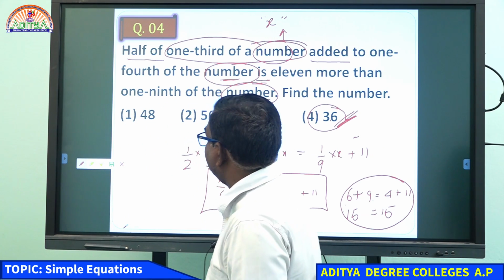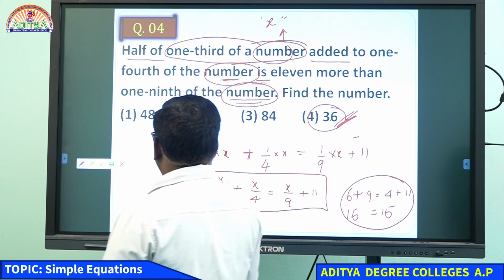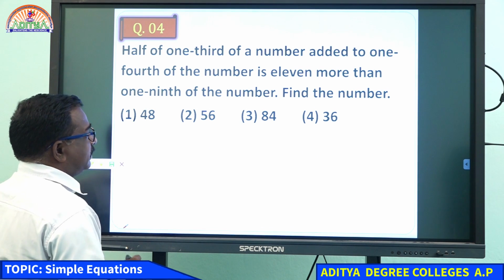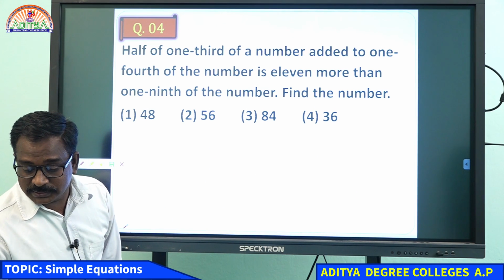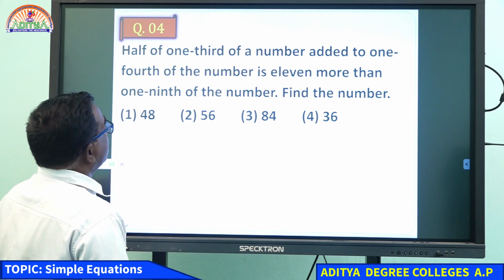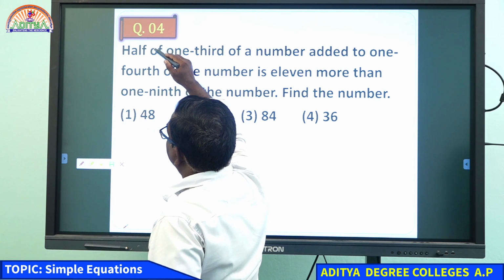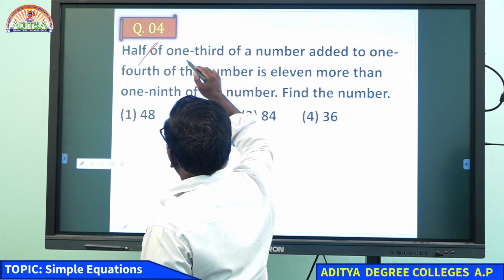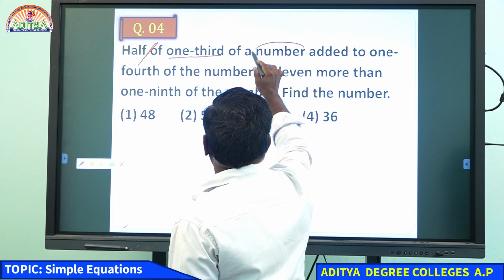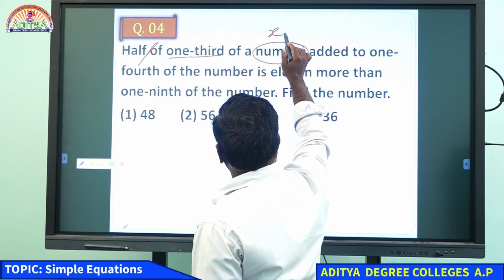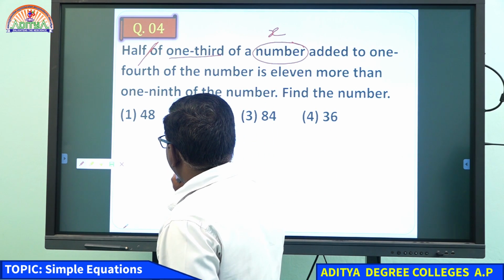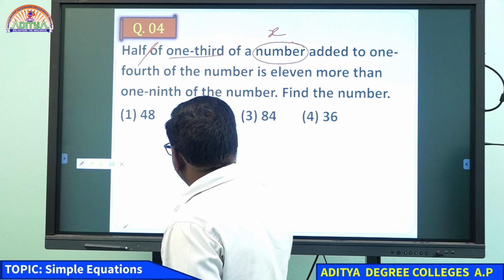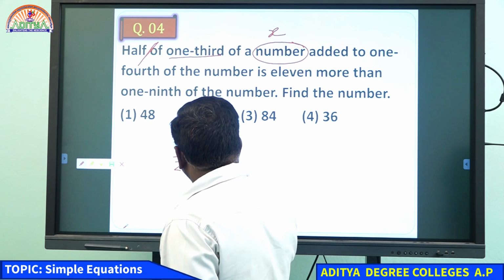Okay, see once here. One or two members asked once again for explanation. Half of 1/3 of a number, that number you take as x. Half of 1/3 means x by 6.